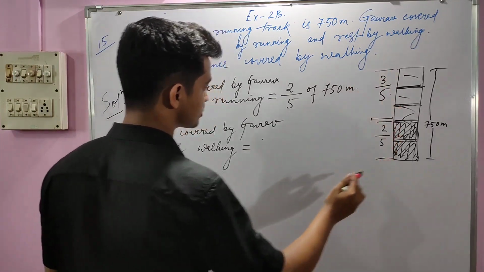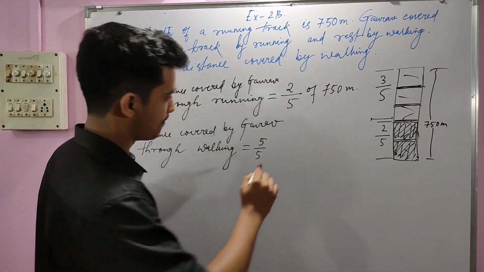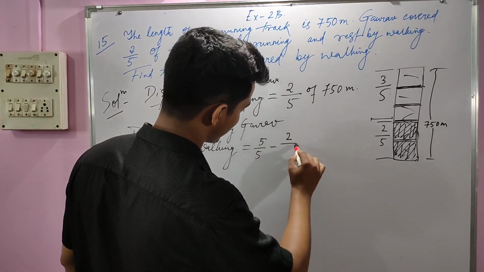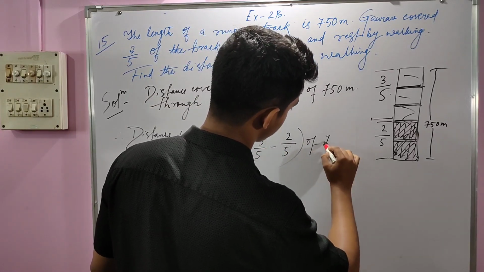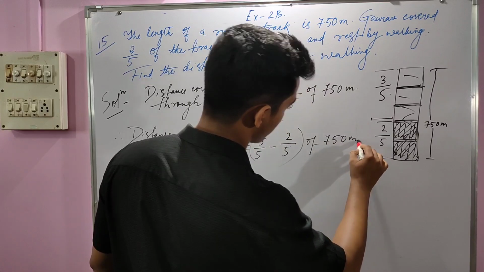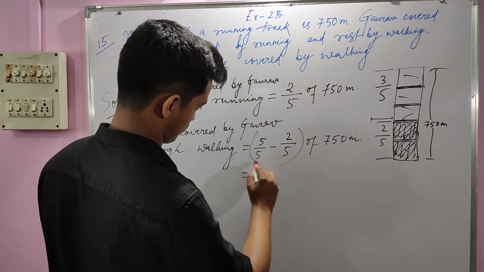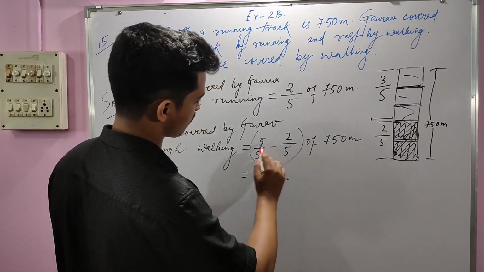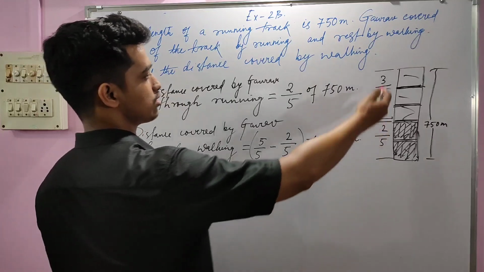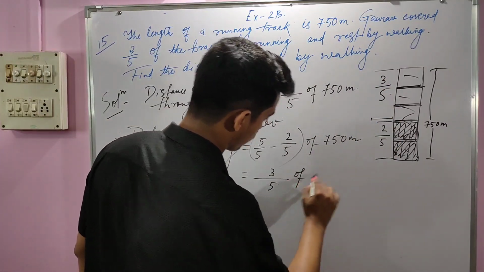There are 5 portions, so that means 5 by 5 minus 2 by 5 of 750 meter. That is our answer. So like fractions are there, so 5 is the denominator and 5 minus 2 is 3. So 3 by 5 is the required portion.